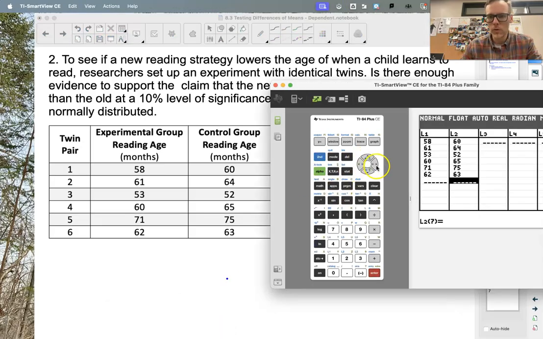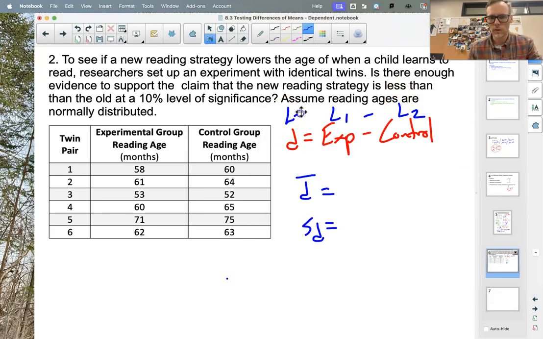So I'm going to arrow over onto list 3, up to L3, hit enter, and type in L1 minus L2. There we go. I would have to type in all these numbers anyway to subtract, so I might as well type them in at once and just have it fill in this list for me. All right, so there's my list 3. These are the D's.